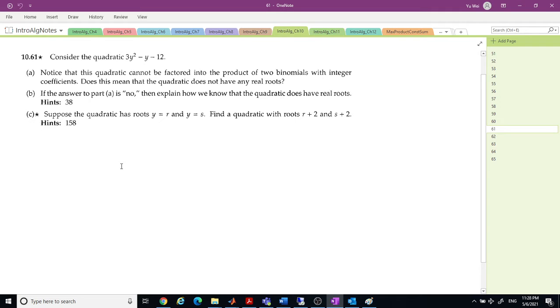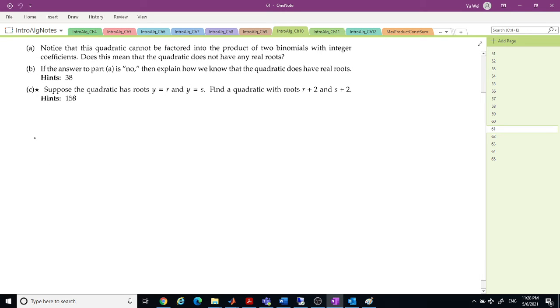So consider the quadratic. Notice that the quadratic cannot be factorized into a product of two factors, which means the quadratic does not have real solutions. Okay, so let me talk about the quadratic equation and its solution. We have ax squared plus bx plus c.